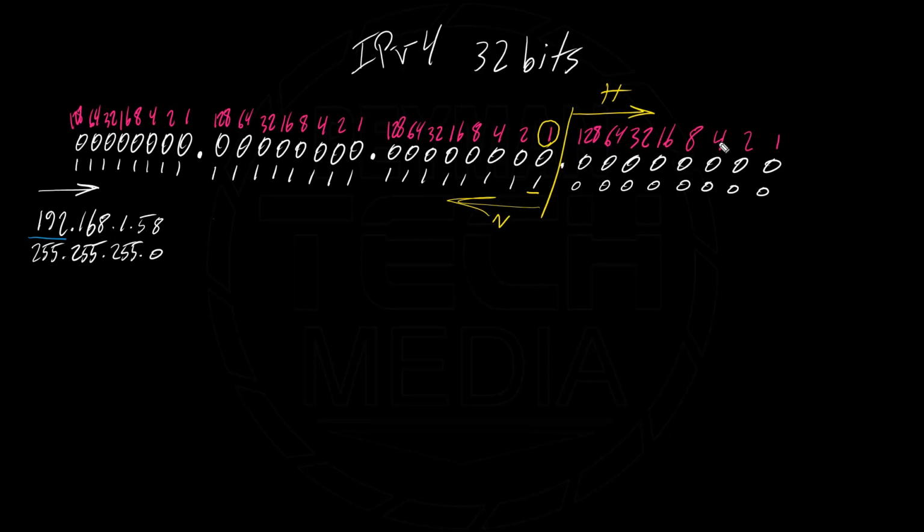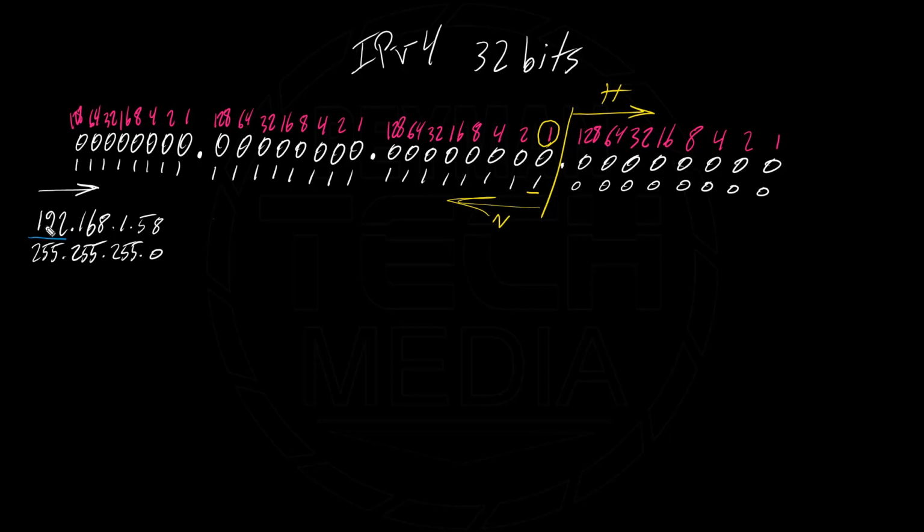This is the binary format, and here is the actual decimal format for the subnet mask. When we talk about IP version 4, it is basically a combination of IP address and subnet mask. The subnet mask tells us what section of the IP address belongs to the network and what section belongs to the host.